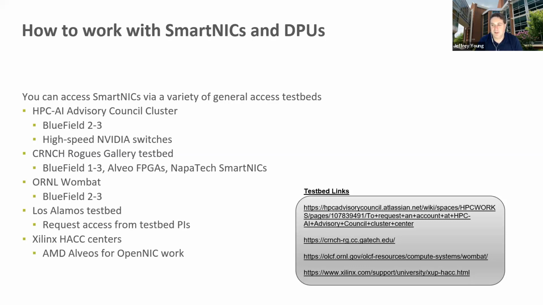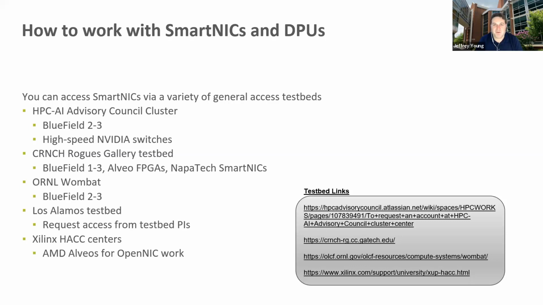Next, Oscar works with Oak Ridge National Lab. They have an open access testbed, which you have to apply for, called Wombat. They have BlueField 2 and 3, along with a lot of interesting ARM hardware. There are folks at Los Alamos that also have testbeds.